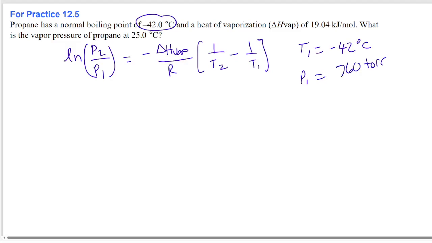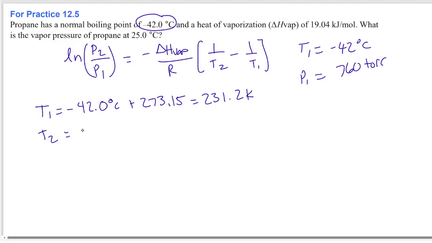But before we work this problem, we need to convert our temperatures to Kelvin. So let's go ahead and get started. So T1 is equal to negative 42 degrees C plus 273.15, which is equal to 231.2 Kelvin.